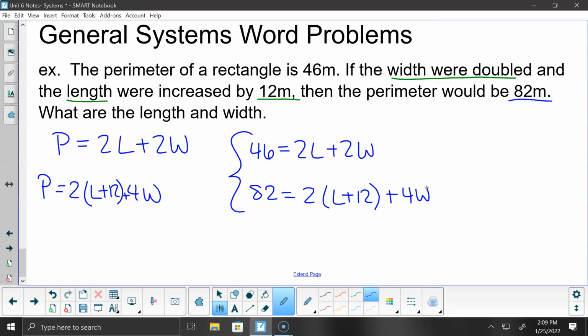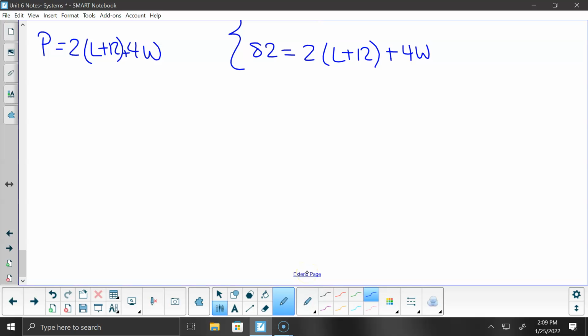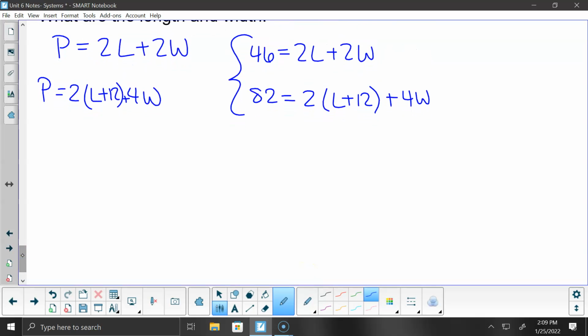All right, so, guys, when it comes to actually working these out, the recommendation I have is to manipulate this 82 one. So 82 equals 2L plus 24 plus 4W. The reason I want to manipulate that one is because it's ugly and I can get it into elimination format so I can cancel things out, right? So what is 82 minus 24? 58.